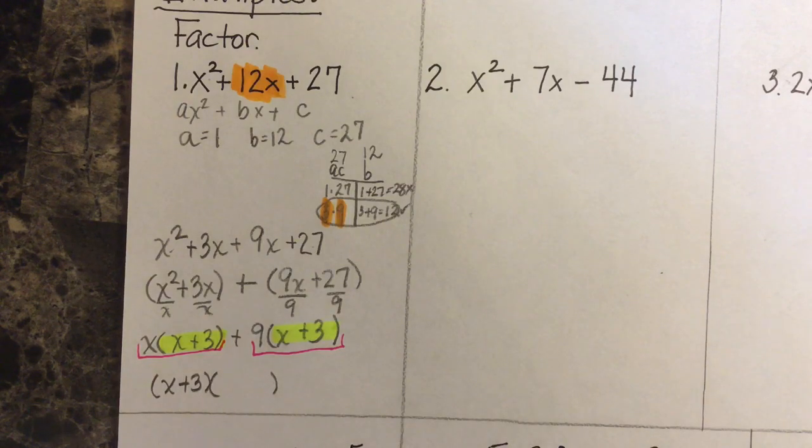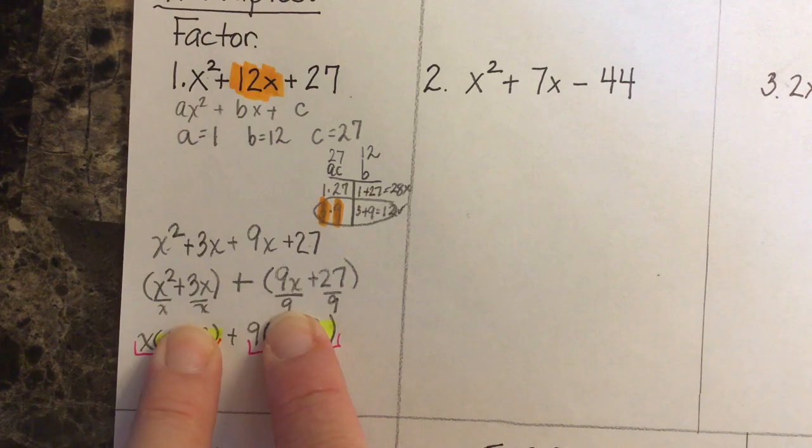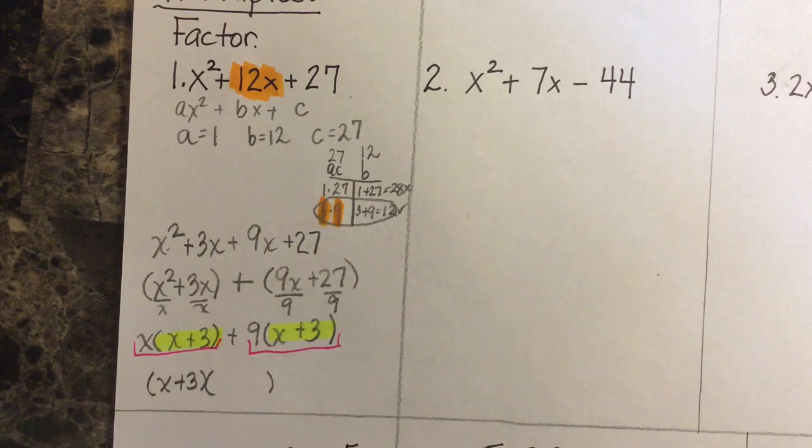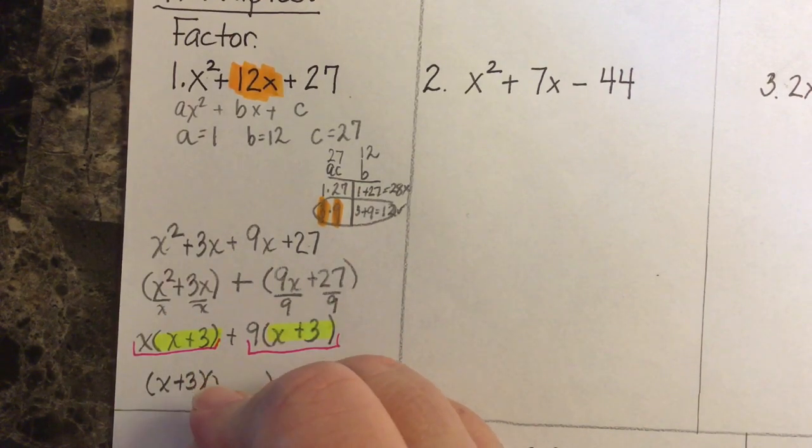Then I'm going to take away the x plus 3, and hopefully you can see when I take away the x plus 3 or divide away the x plus 3, what's left? X plus 9. And that will go in the parentheses beside of here.